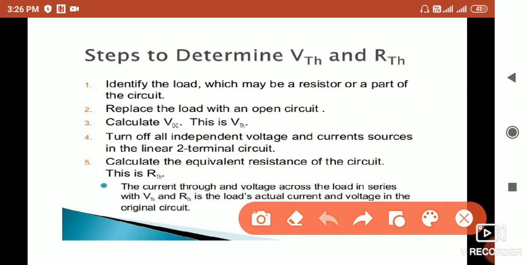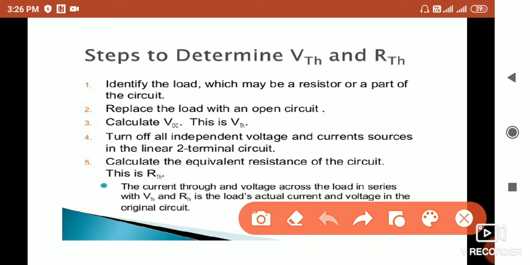In other words, you can say turn off all independent sources. It means that if we have an independent voltage source, we replace it with its internal resistance, because a voltage source has internal resistance equal to 0 ohm. It means that it will be short circuit. Similarly, a current source has infinite internal resistance. That's why during finding RTH it will be open circuit.